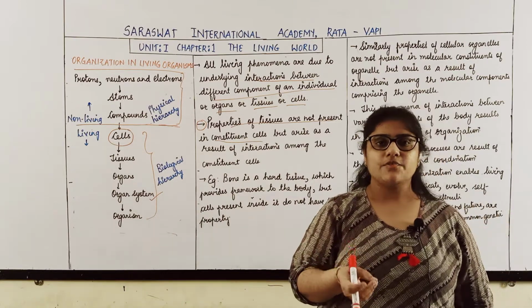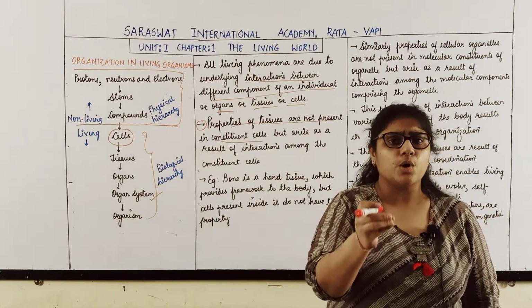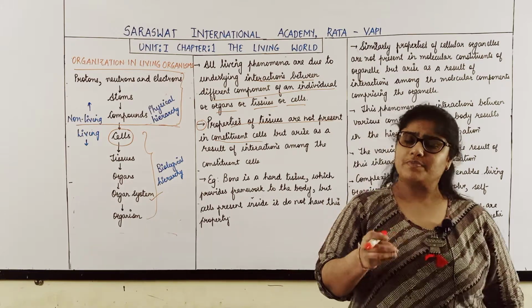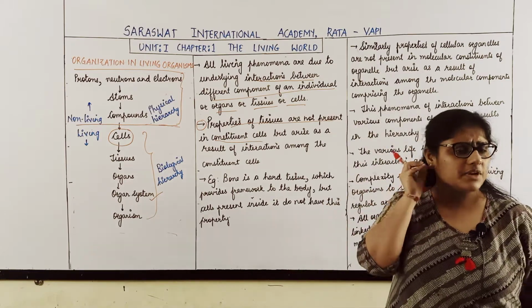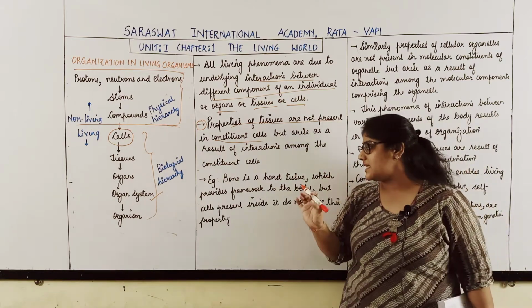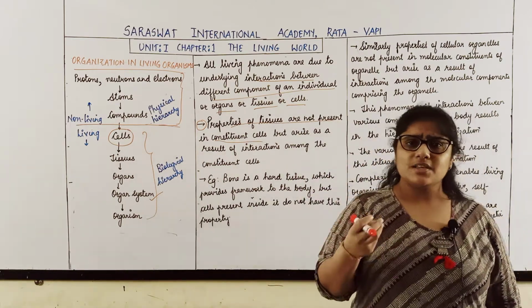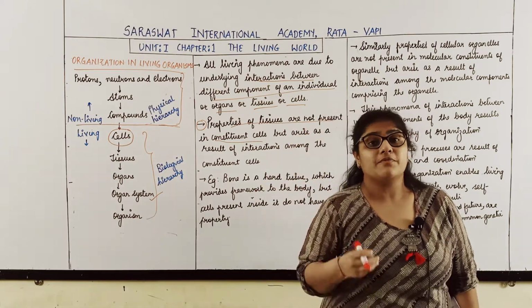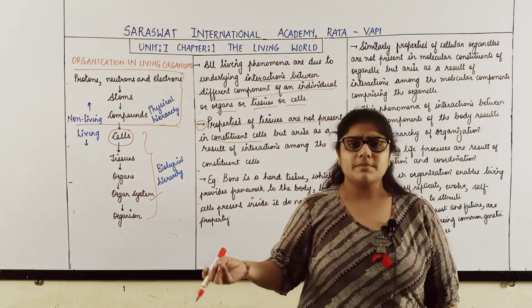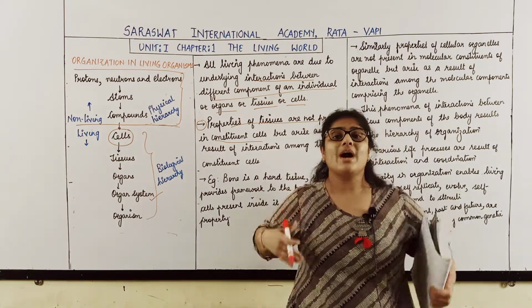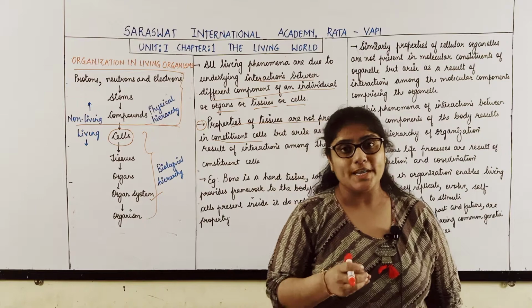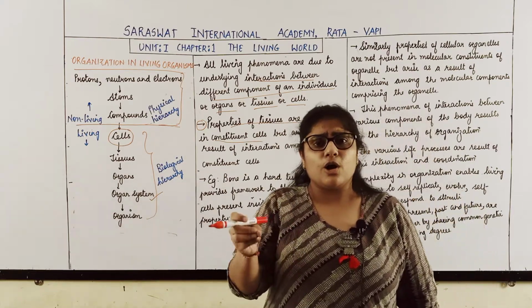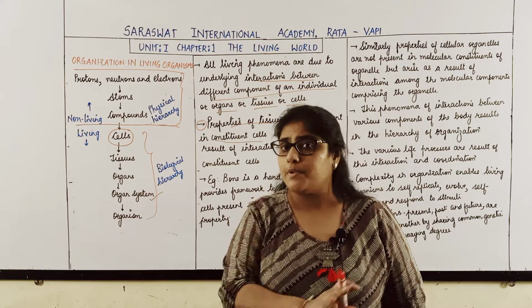Now the statement is, properties of the tissues are not present in the constituent cells. Say for example, I consider bone as a tissue. We all know that bone is a hard tissue which is composed of cells. Now, what is the function of the bone? Basically, the bone provides the framework to our body. But is each and every cell of the bone possessing this property?